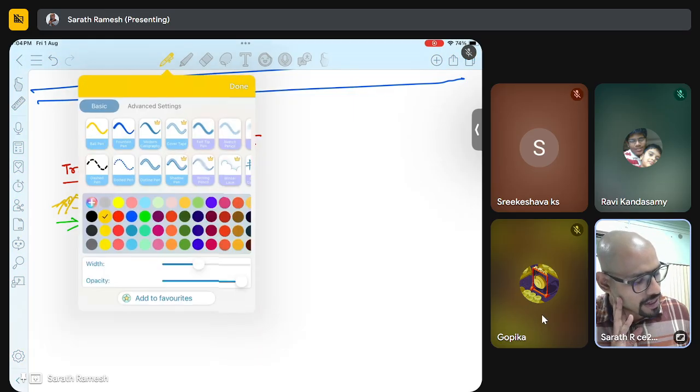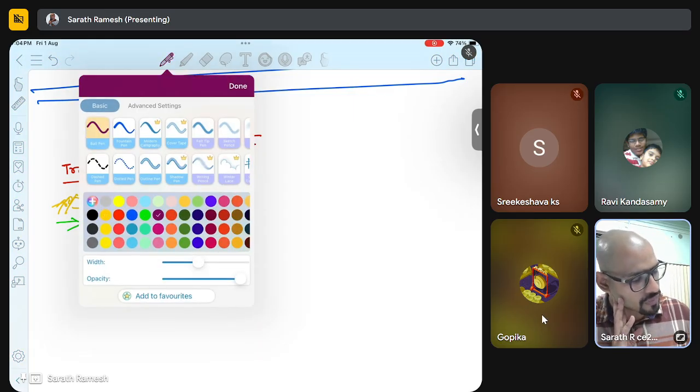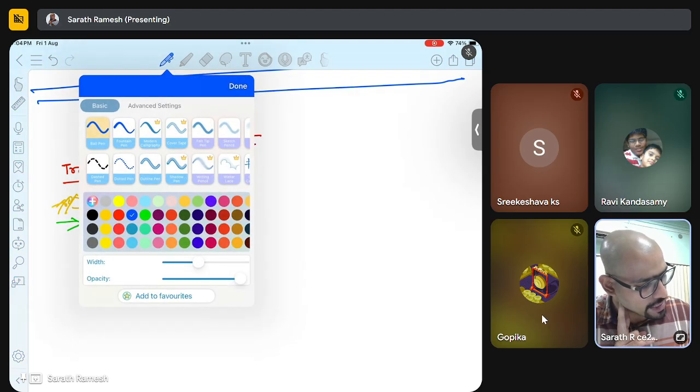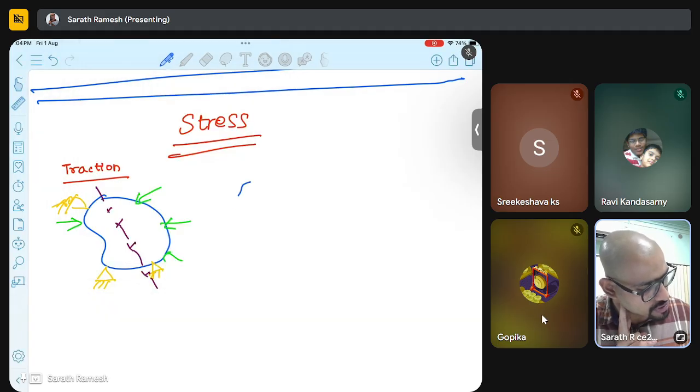Now, when we cut this body along some section, we are exposed to its internal forces.